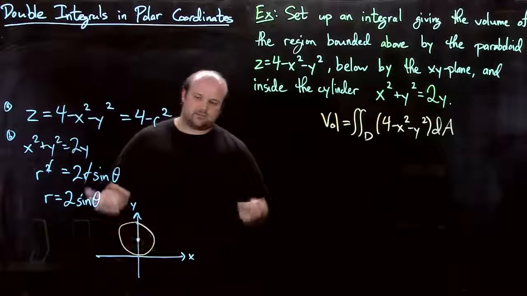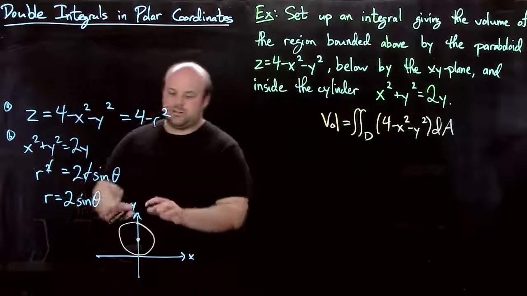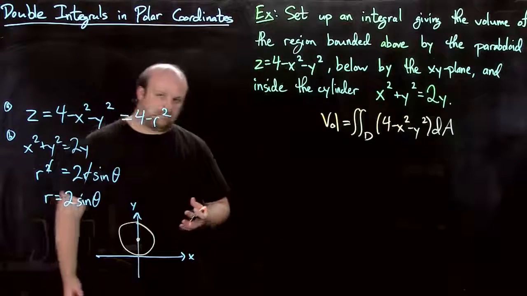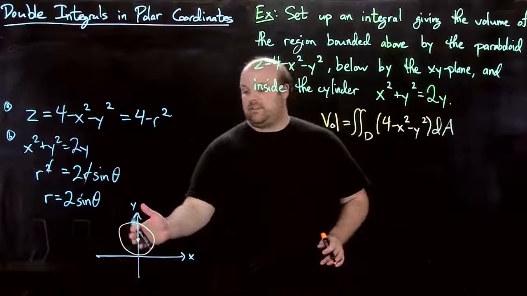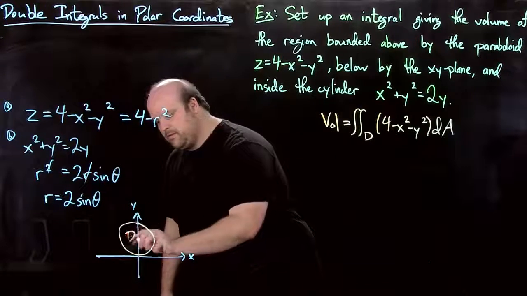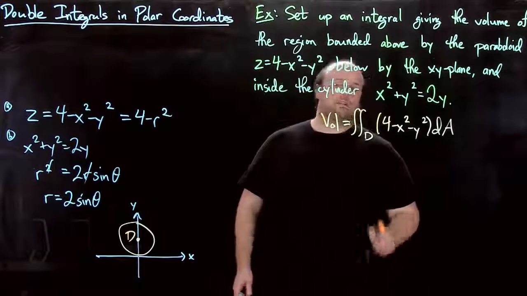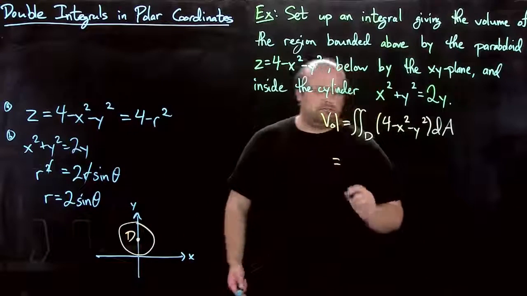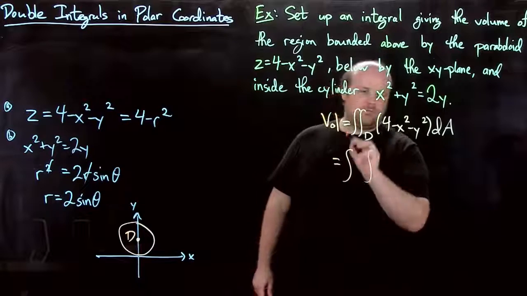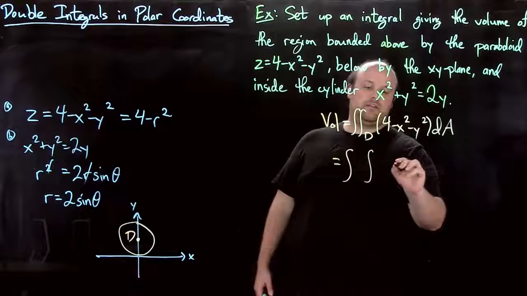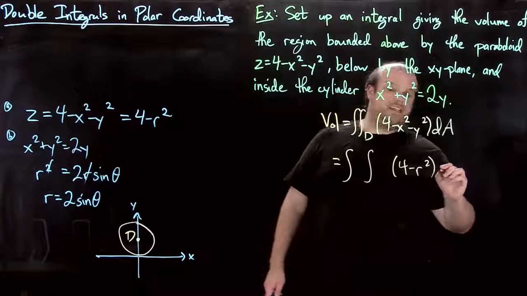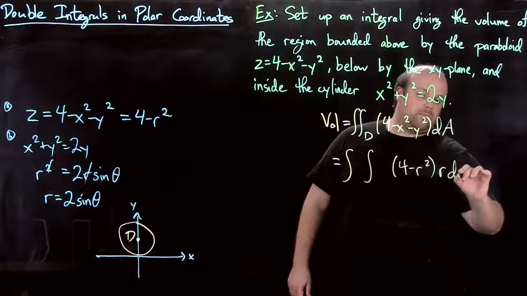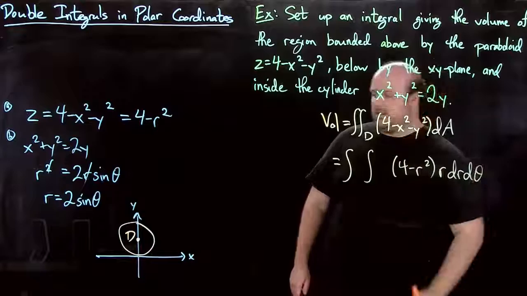It's not a very good circle, but we'll talk more about why it's that circle in a second. This is going to be D. But here, notice we just get 4 minus r squared, and dA we'll end up using r dr d theta again.